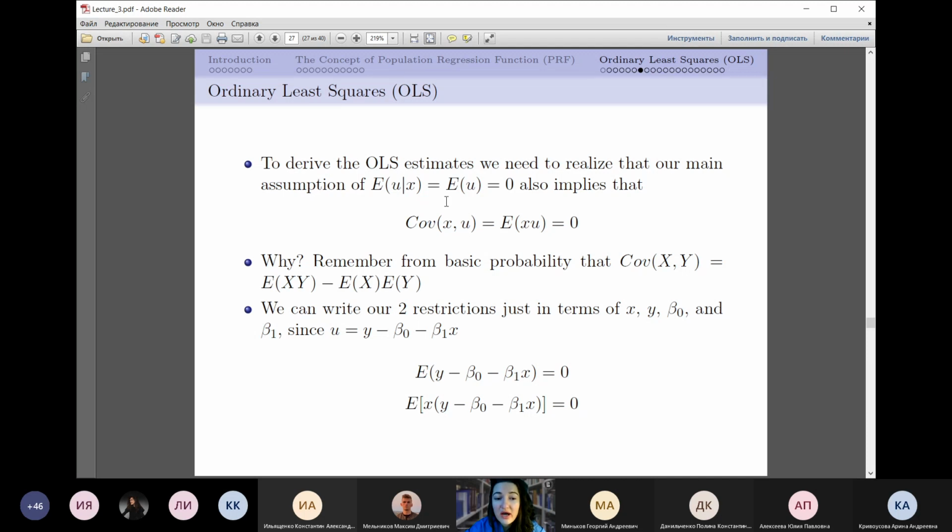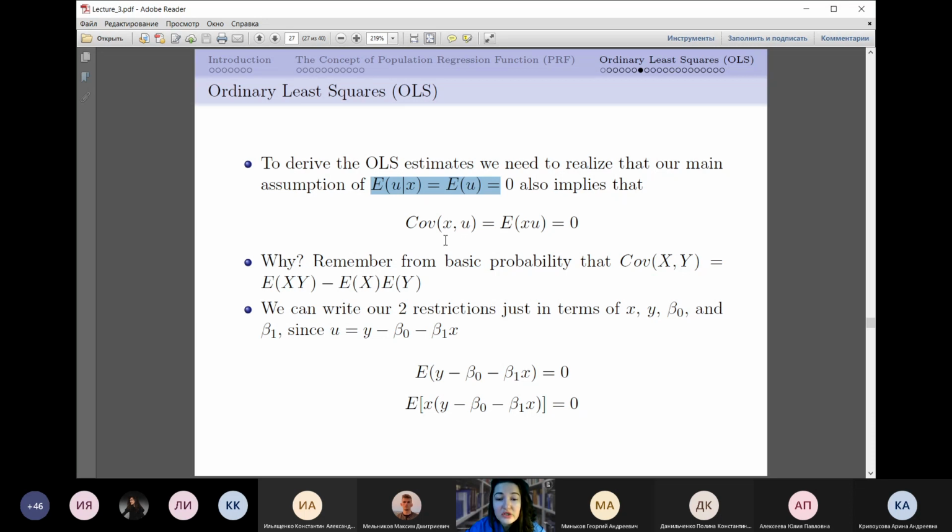When we want to derive the ordinary least squares estimates, we need to realize that one of our main assumptions that we've just discussed also means that our error term is uncorrelated with our x.